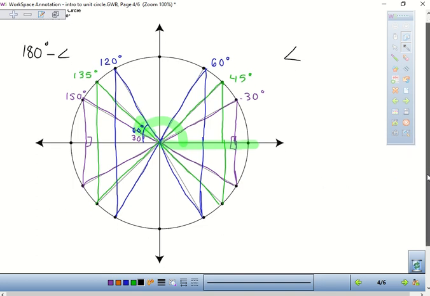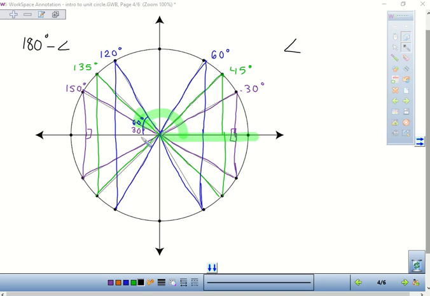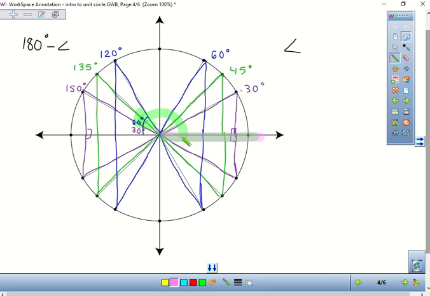So now we're going to move on to the third quadrant down here. So in the third quadrant, I start at the initial side, and if I want to do the 30-degree triangle, I have to open up to here, right? So in order to do that, I go a full 180 and an additional what? 30 degrees. So what's 180 plus 30? 210.